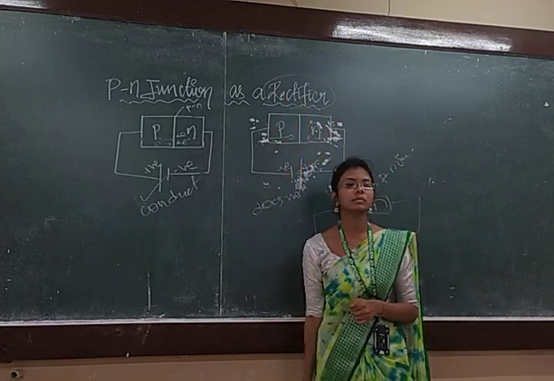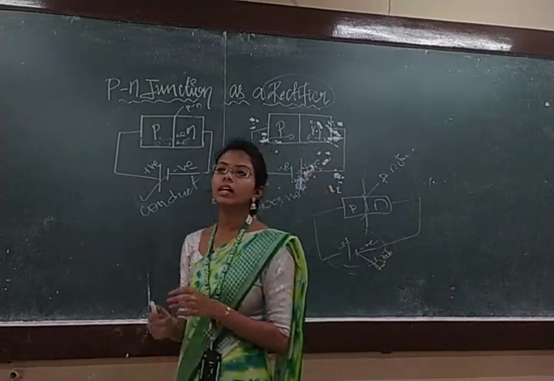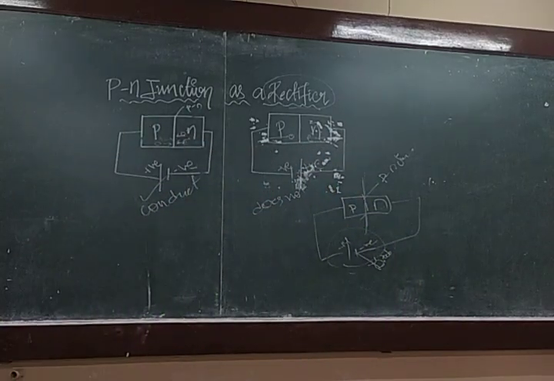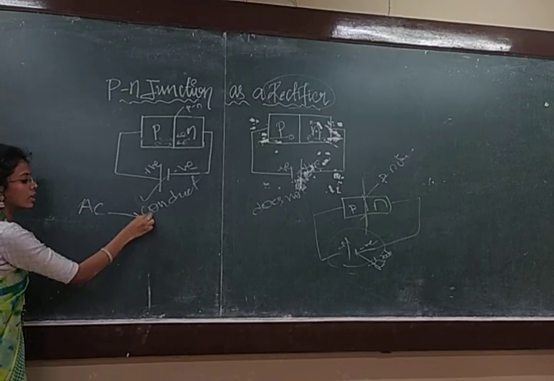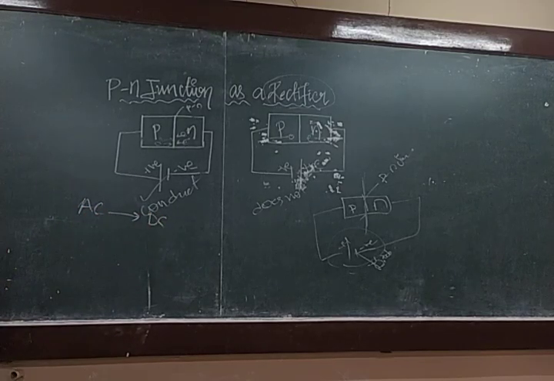Now, what is the meaning of rectifier? It will convert AC current to DC current. So we have two types of rectifiers. One is the half wave rectifier, and the other one is the full wave rectifier.